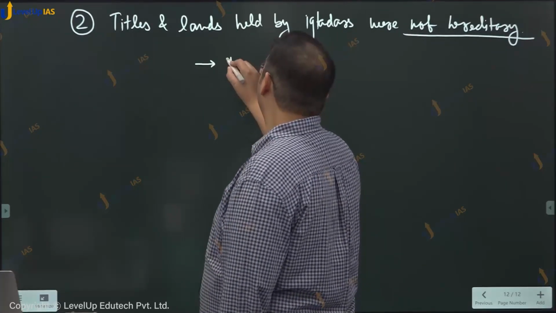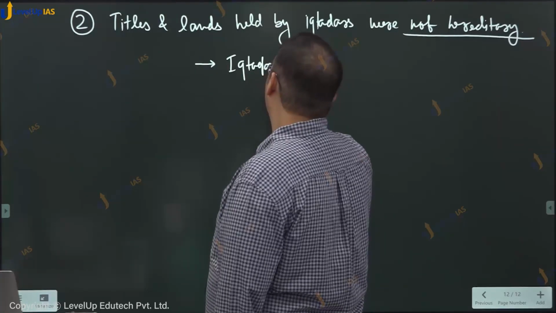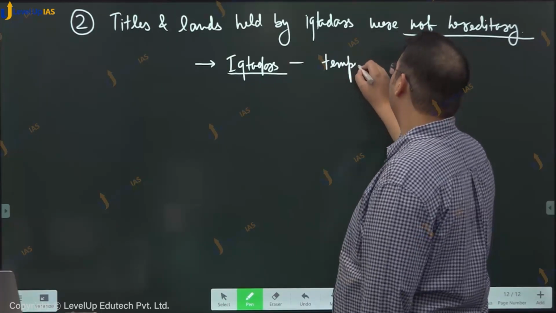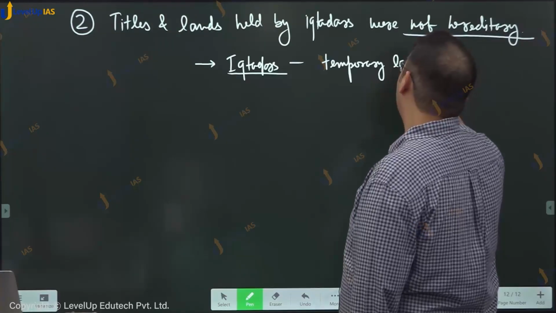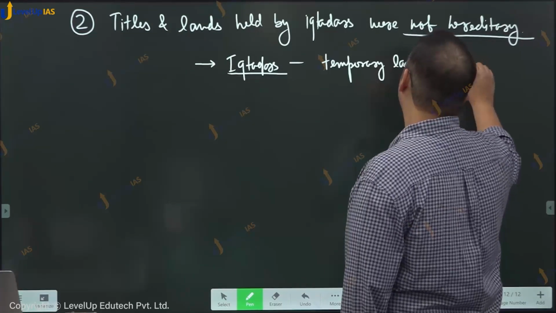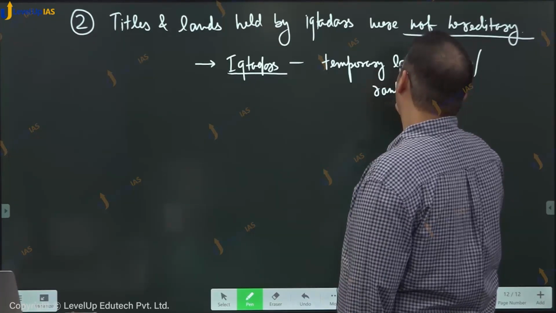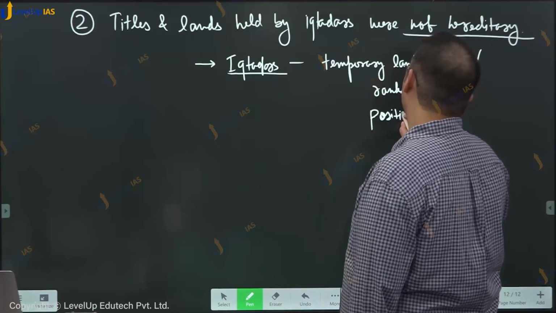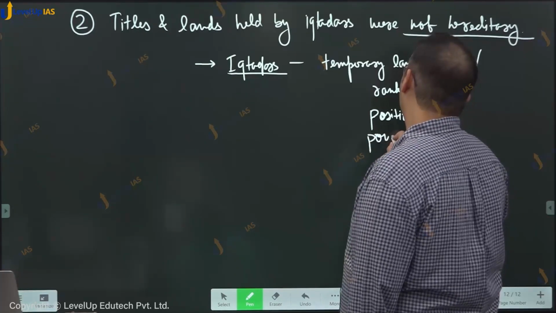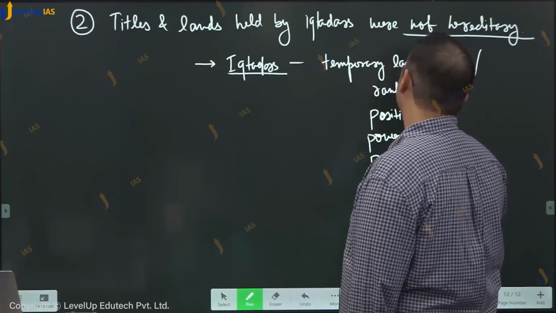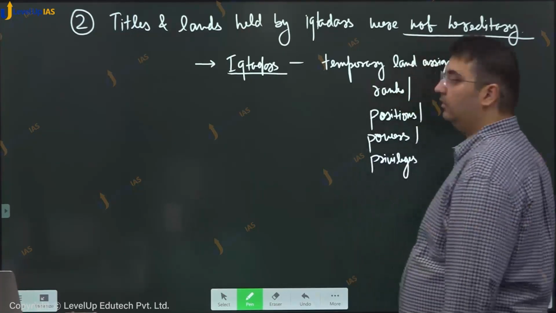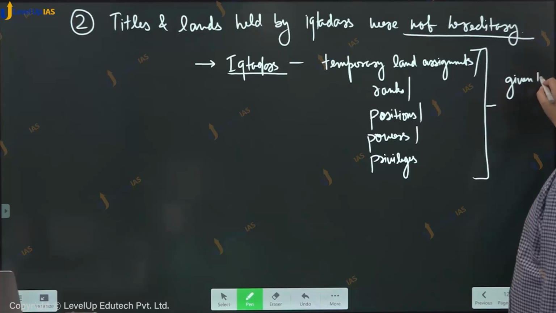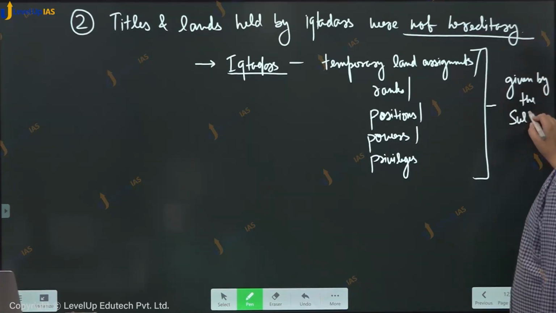Rather, the iqtadars enjoyed temporary land assignments, ranks, official positions, and powers and privileges which were given to them by the Sultan.